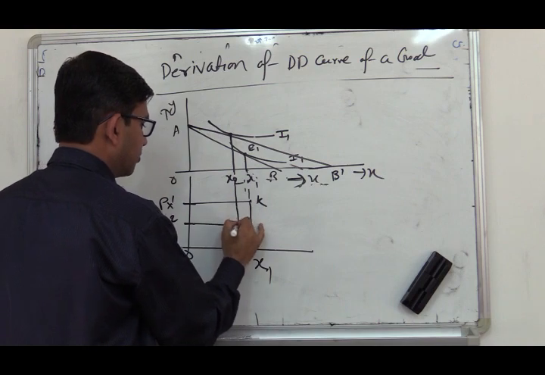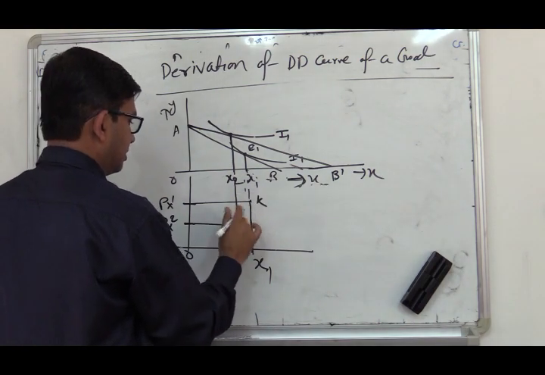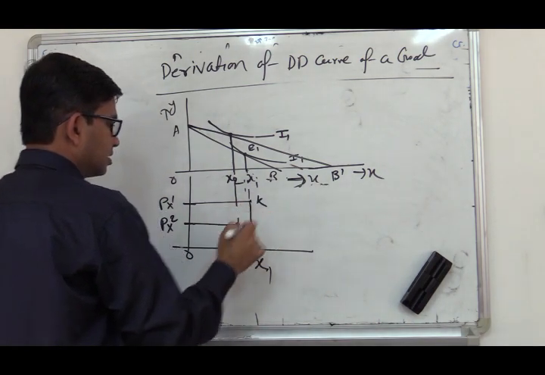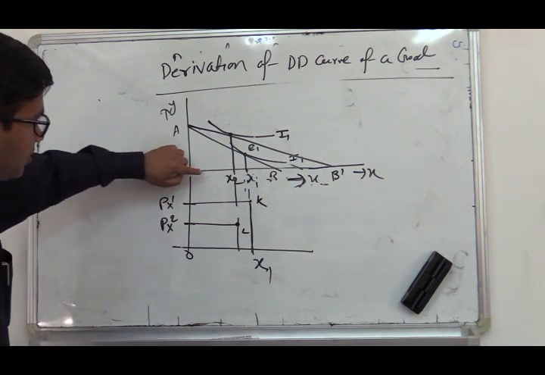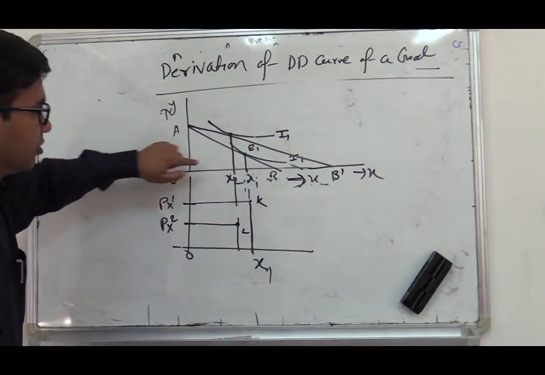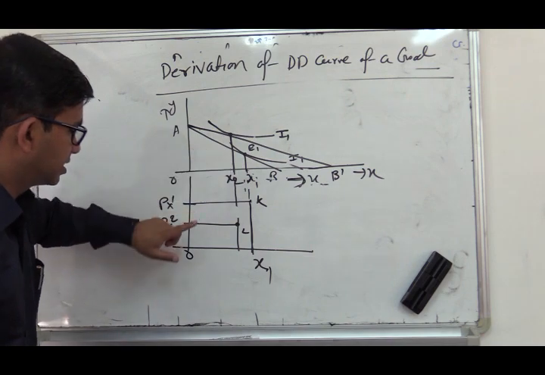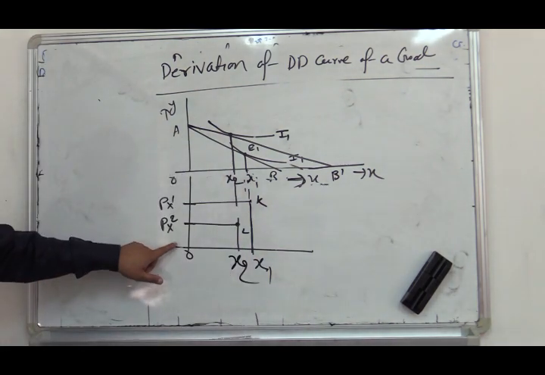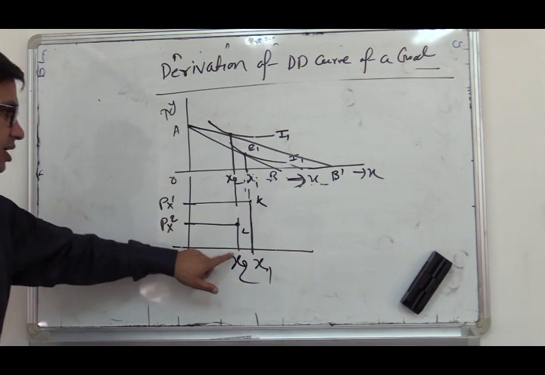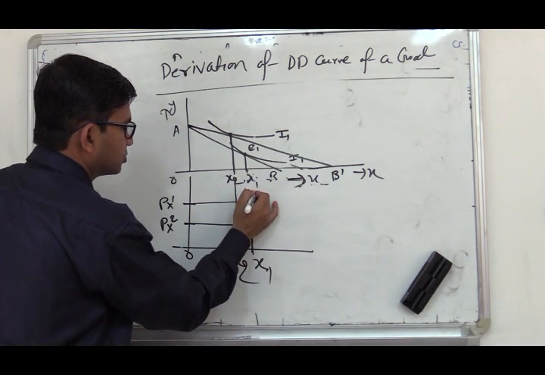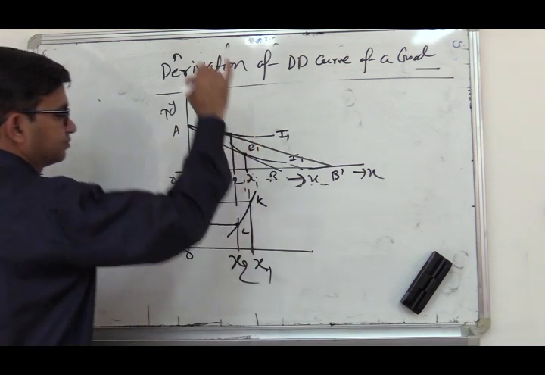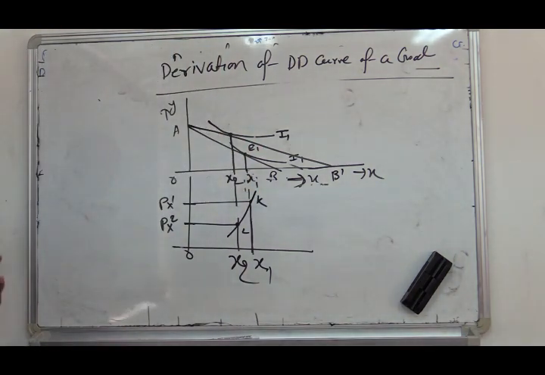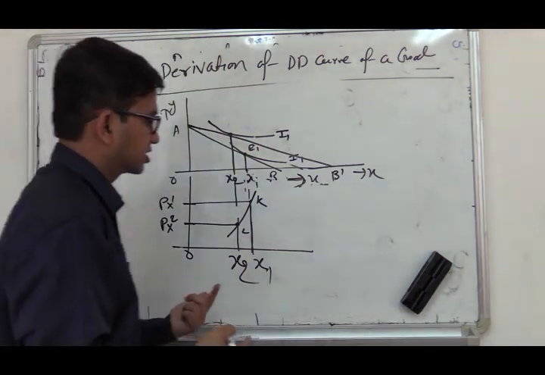So we get a new point L. Plotting the value of the new equilibrium consumption of X in the lower diagram, we get that if the price is OPX2, the demand for X is OX2. So if we join these 2 points, we will get the demand curve for this commodity.